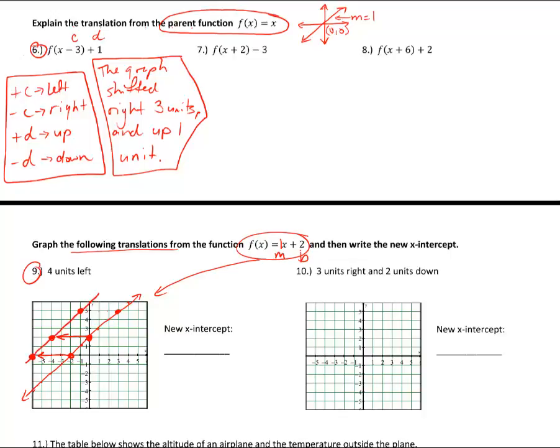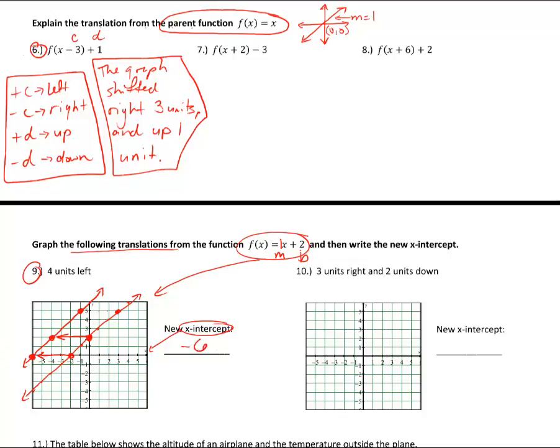Connect those dots, and that's your new equation. But now it's asking you, what is the new x-intercept? So the x-intercept deals with the x-axis. So where does your new line intersect the x-axis? It looks like it intersects it right here, which is what number?